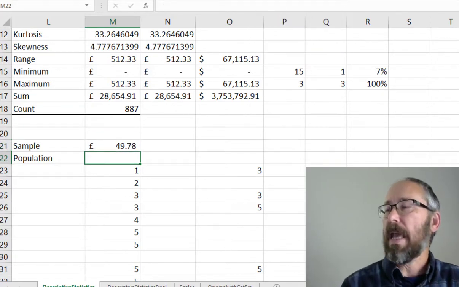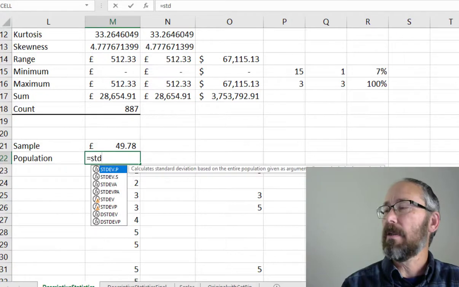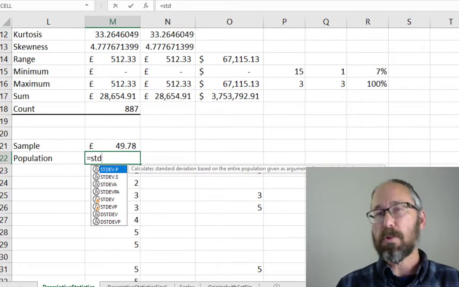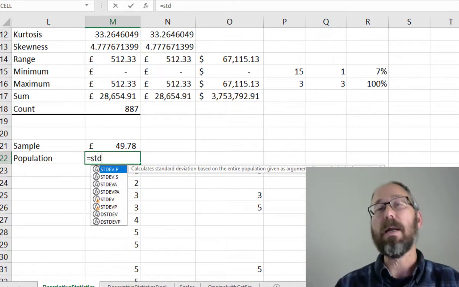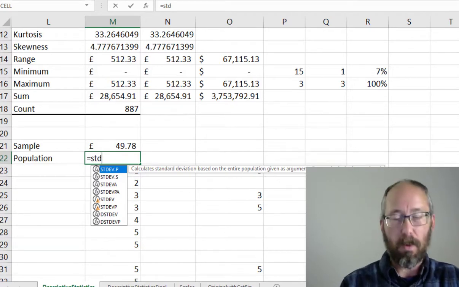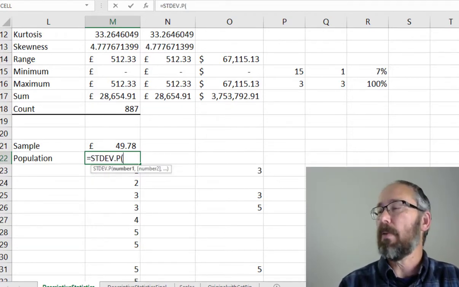And let's take a look at the standard deviation of the population if we assumed this was the population. Now it's not, we know it's not. It's only 887 out of the possible, say, roughly 2,500 passengers that there were. But this is to illustrate what that mathematical change does.